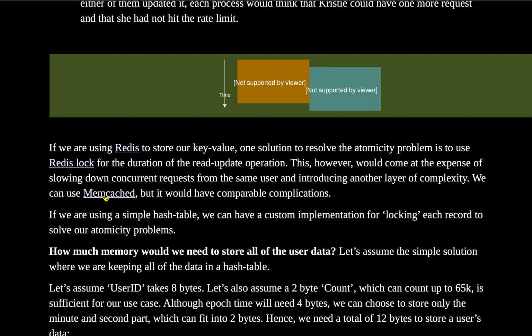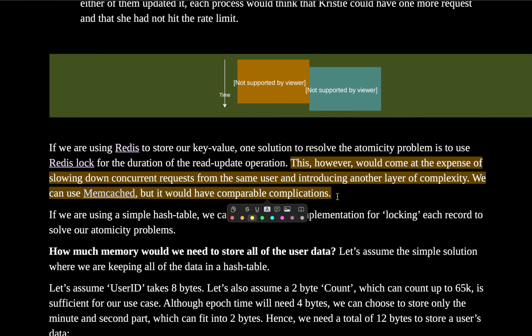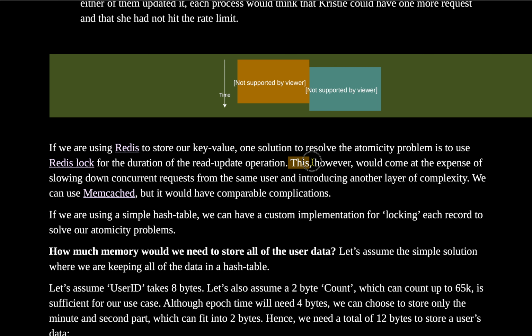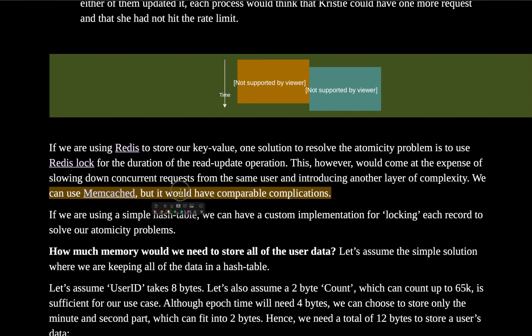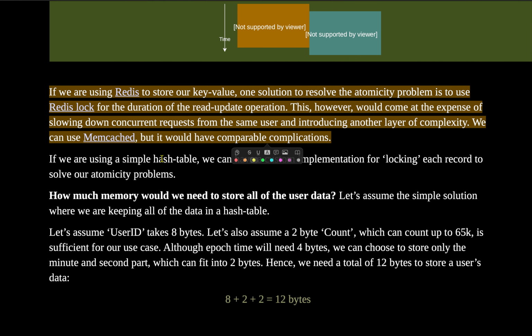Now if we are using Redis to store our key value, one solution to resolve the atomicity problem is to use Redis locks, and this is straightforward, for the duration of the read-update operation. Another thing you can use is a Lua script. This however would come at the expense of slowing down concurrent requests from the same user and introducing another layer of complexity. We can use memcached, but it would have comparable complications.